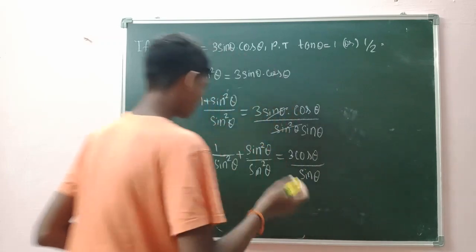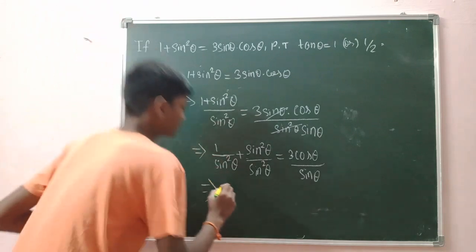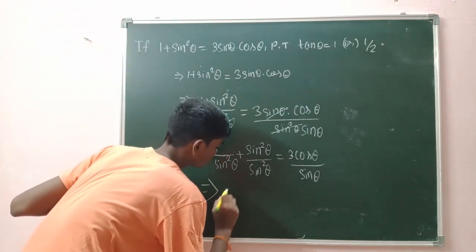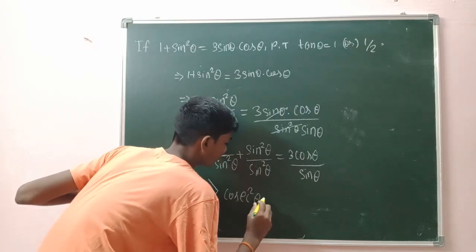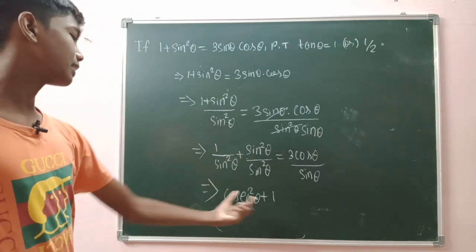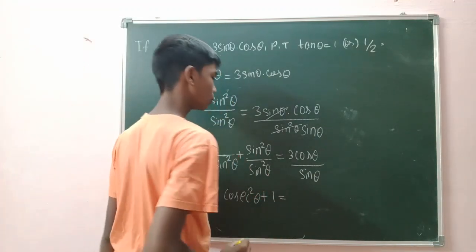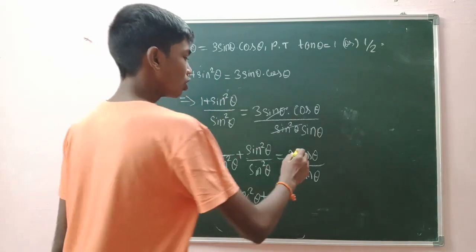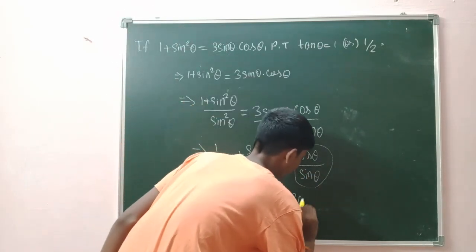Correct or not? So now 1 by sin square theta is cosecant square theta plus 1. Correct or not? 1 by sin square theta is cosecant square theta, plus sin square theta by sin square theta is 1, which is equal to 3 times cos theta by sin theta, that is 3 times cot theta.